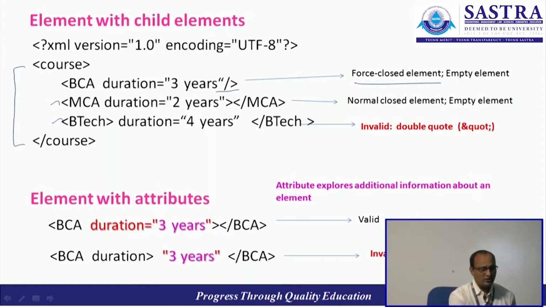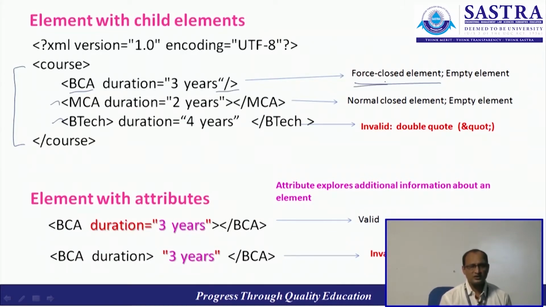So BCA has been closed in force, which means explicitly this is an empty element. It should not carry any child element or attribute or any text. That's what this closed in force means.